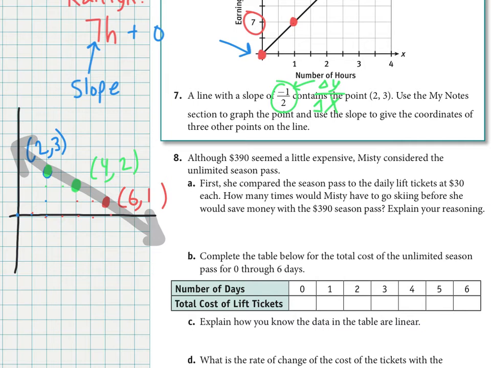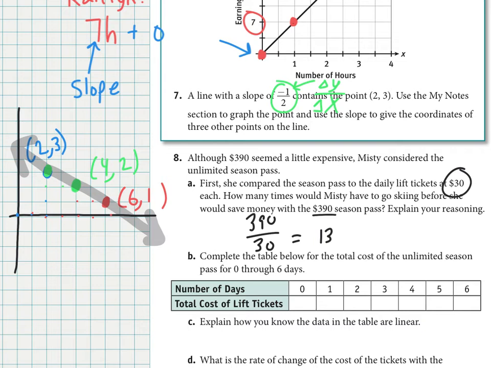So if you can pay $390 for the whole season, or the daily pass is $30. So if we took the $390 and divided it by 30, that would get us 13. So that means that at 13 days, she would end up paying the full $390. So if you were going to use more than 13 days, then you would want to go with the unlimited season pass.